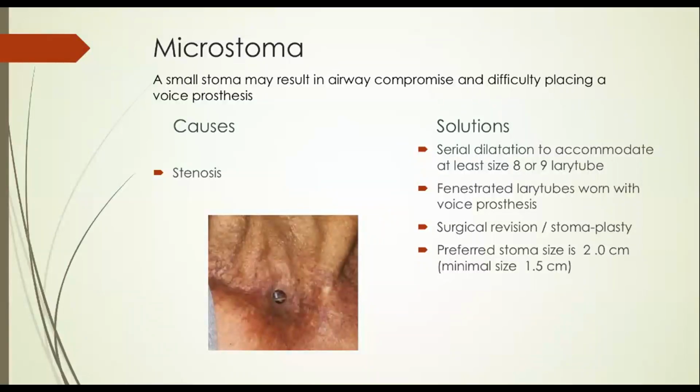They may need surgical revision of the stoma if it's really tiny, where we'll do a stomaplasty. And again, our preferred size is about 2 centimeters. Smallest is about 1.5, which equates to your Larry tube of a size 8 or tracheostomy tube of size 8.